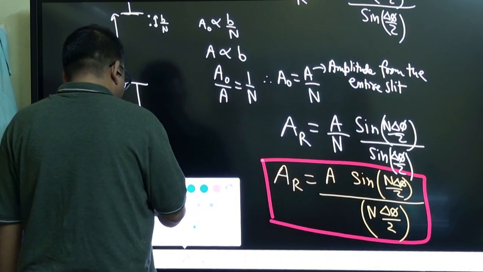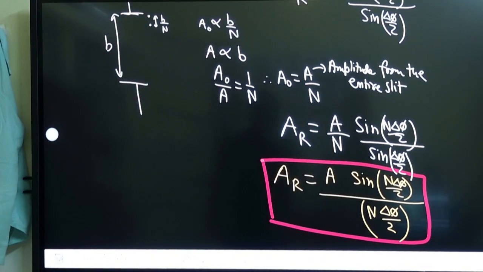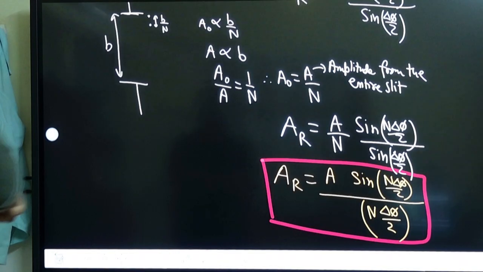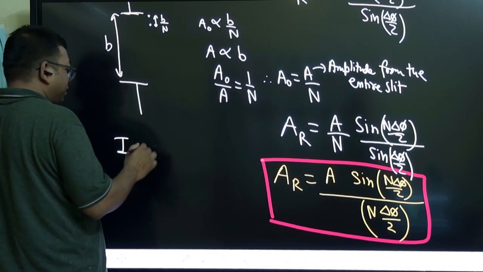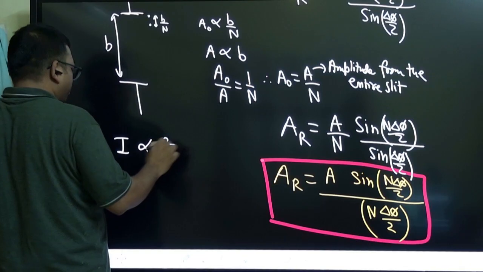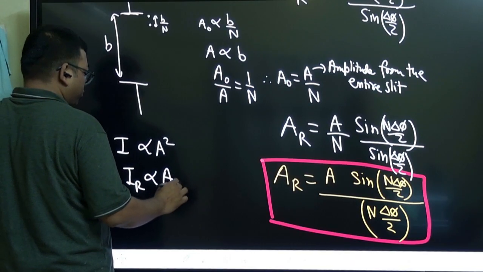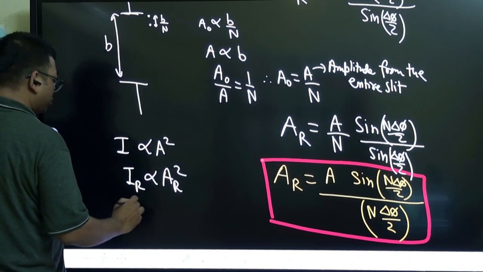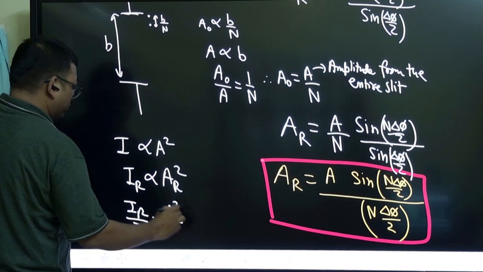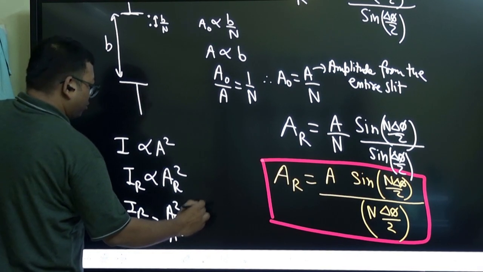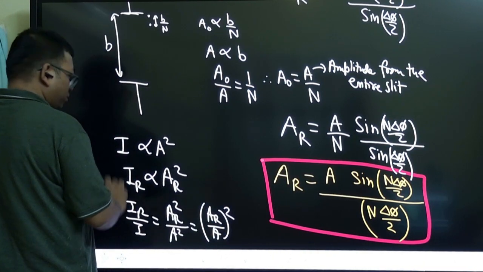Now we can calculate intensity because intensity is proportional to amplitude square, right? So this entire slit giving intensity I, let us say, is proportional to A square, and the resultant intensity is proportional to AR square. So if you take the ratio of this, IR by I becomes equal to AR square by A square, or AR by A the whole square. Now if you take this ratio, what do you get?